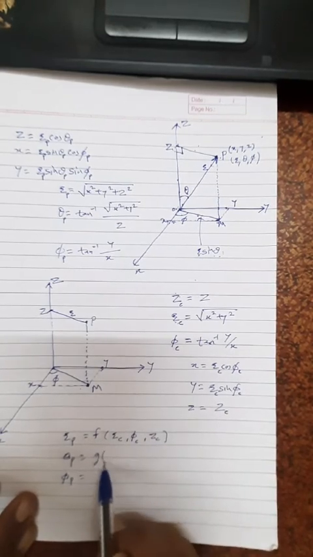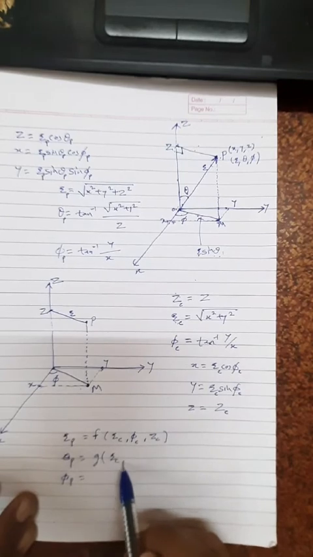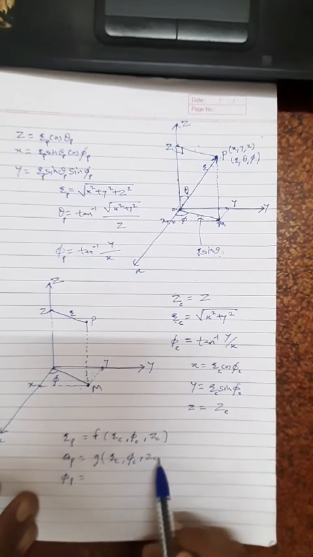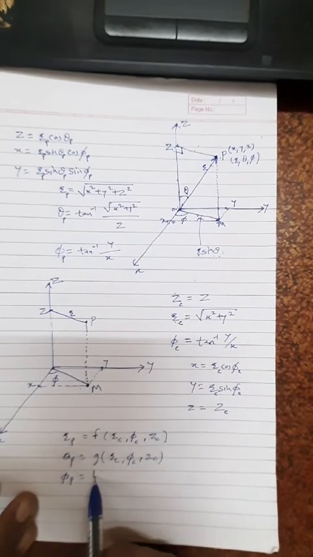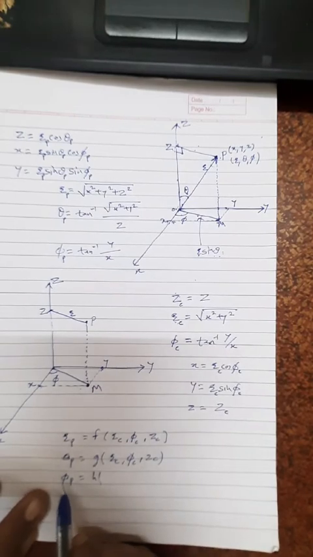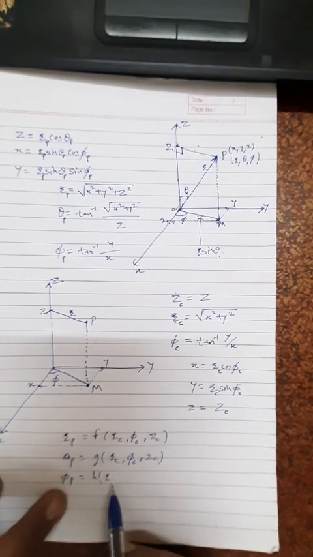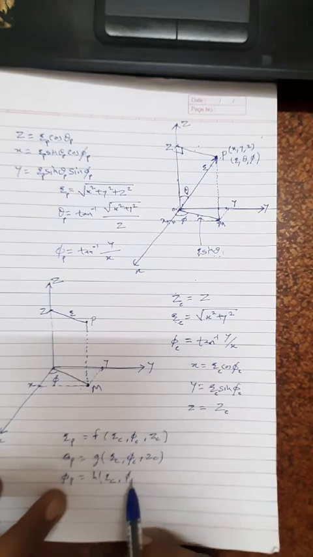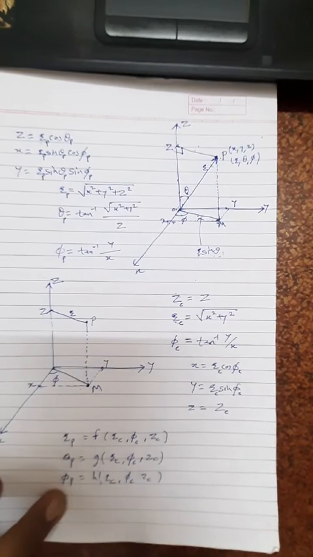Same for theta, it will be another function of r in cylindrical, phi in cylindrical, z in cylindrical. Similarly, phi in polar will be a function of r in cylindrical, phi in cylindrical and z in cylindrical.